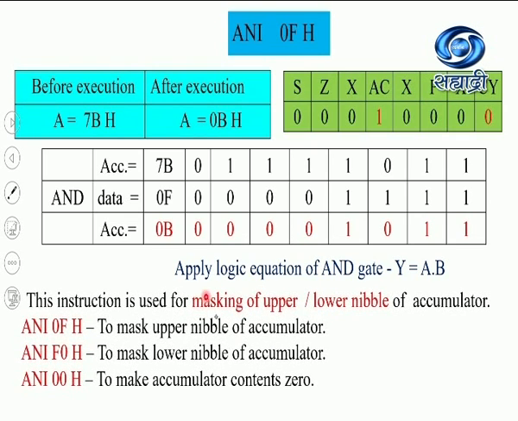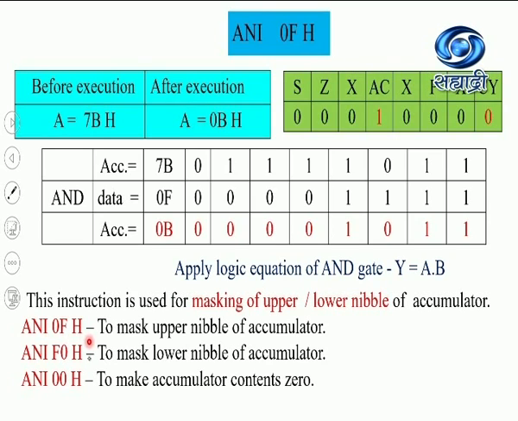This instruction is used for masking of upper or lower nibble of accumulator. What does it mean by masking? So initially accumulator contains 7B. After logical AND with 0F, we get the result 0B. So the 7 is masked, upper nibble is masked due to ANI 0FH.